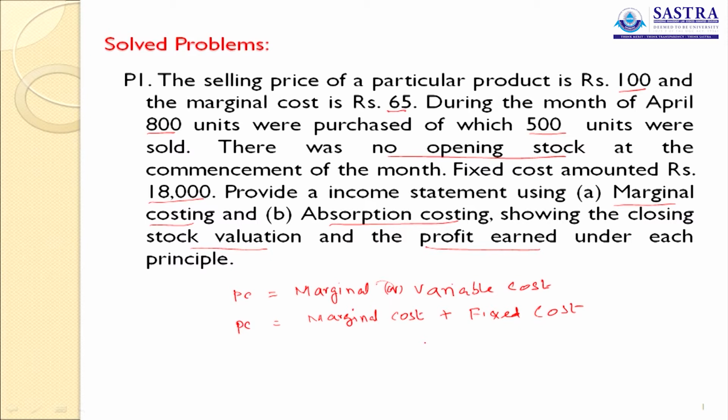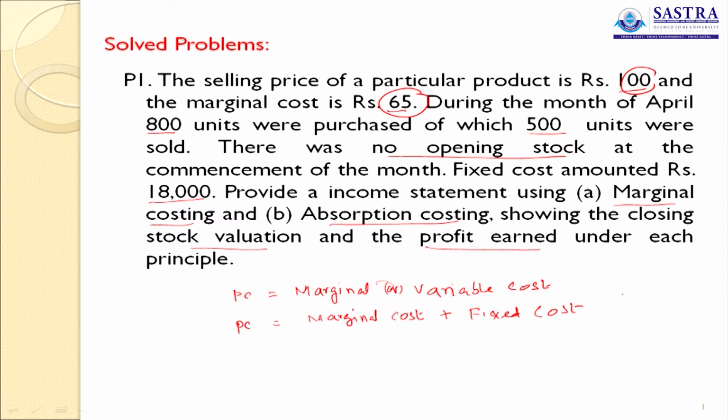So once again, read the problem and understand it: how many units were produced, how many units were sold, how many units remain unsold. The selling price of a particular product is 100 and the marginal cost per unit is 65. The difference between these two is called contribution. It is for the marginal costing technique.